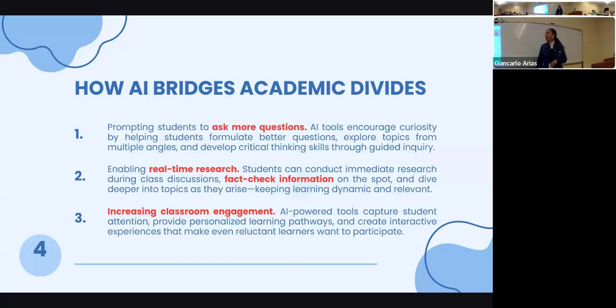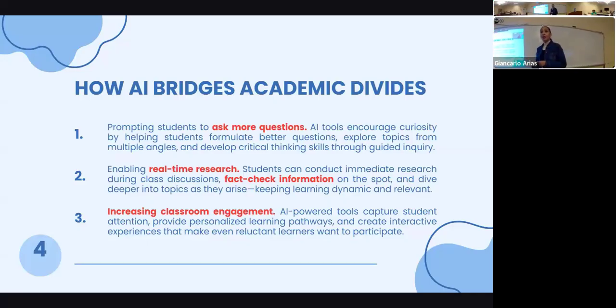So, how does AI bridge academic divides? Well, hopefully, it's having students ask more questions because curiosity matters. You learn from curiosity. Real-time research, I'm real big on this. I like to throw out brainstorming activities, and then we refer back sometimes to the AI, and we have a whole conversation after we brainstorm together with the AI.